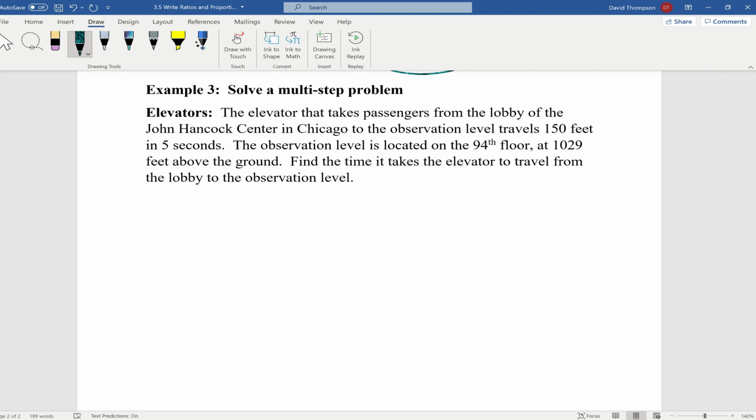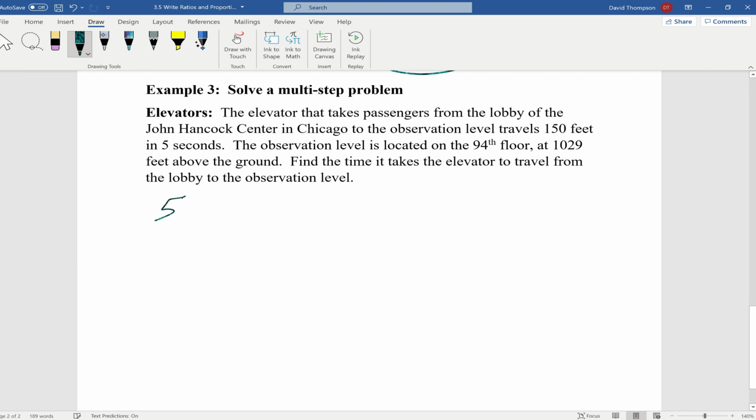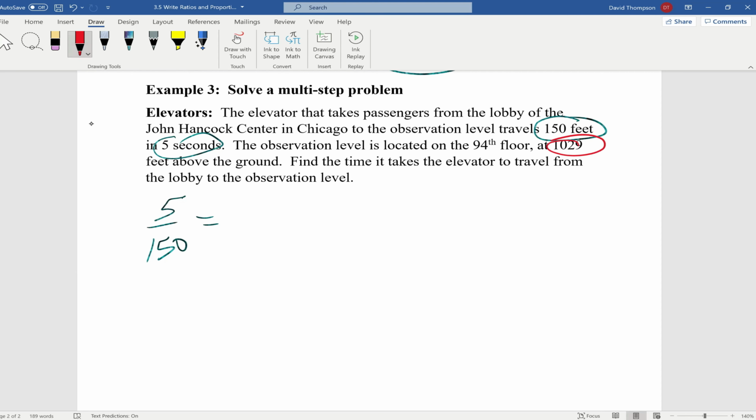So first thing we have to do is set up a proportion. So it's just going to be 5 seconds over 150 feet equals, we're going up to 1,029 feet, so x over 1,029. And we're going to follow the same method as last time.